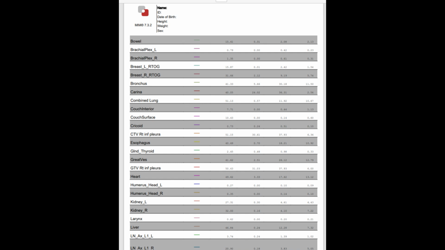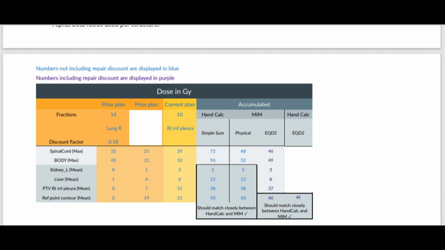And this is in part due to there being way too many structures stuffed into these MIM tables. The dose sum QA workflow that I mentioned earlier that I created lets me choose a smaller subset of regions of interest that are actually of more interest. And those are the ones you see here in this table that's generated by my code.